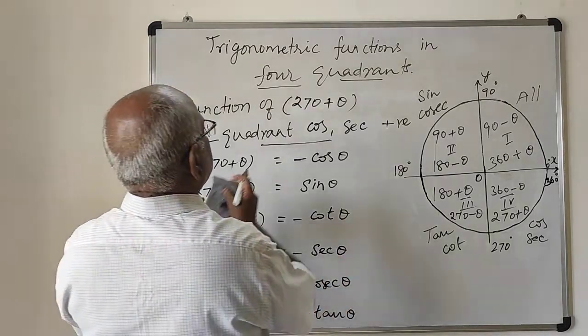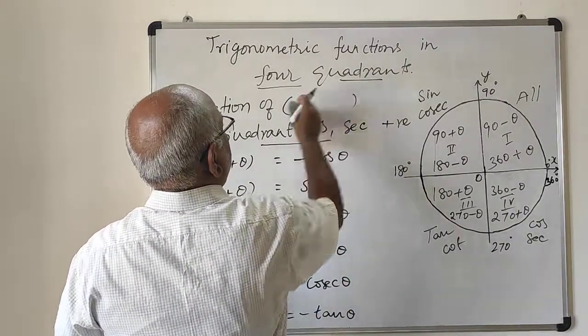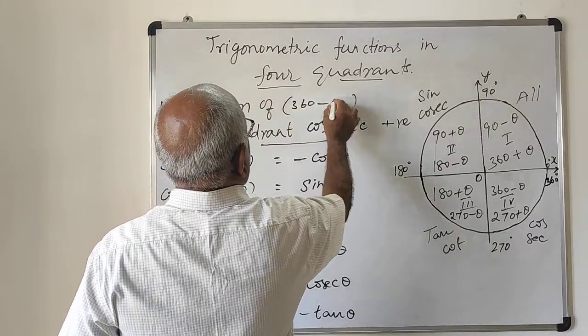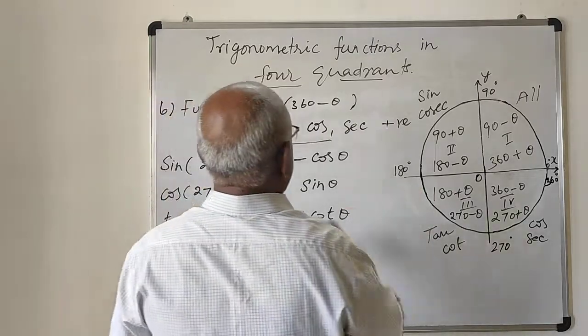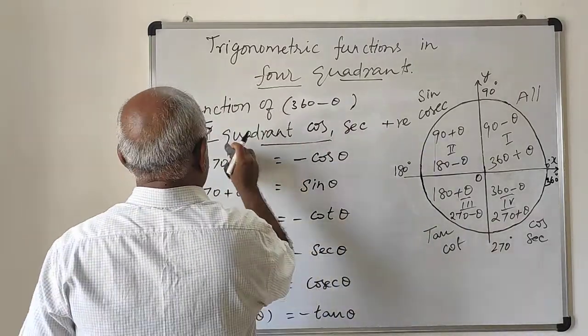theta. 360 minus theta is also in the fourth quadrant. Cos and secant are positive.